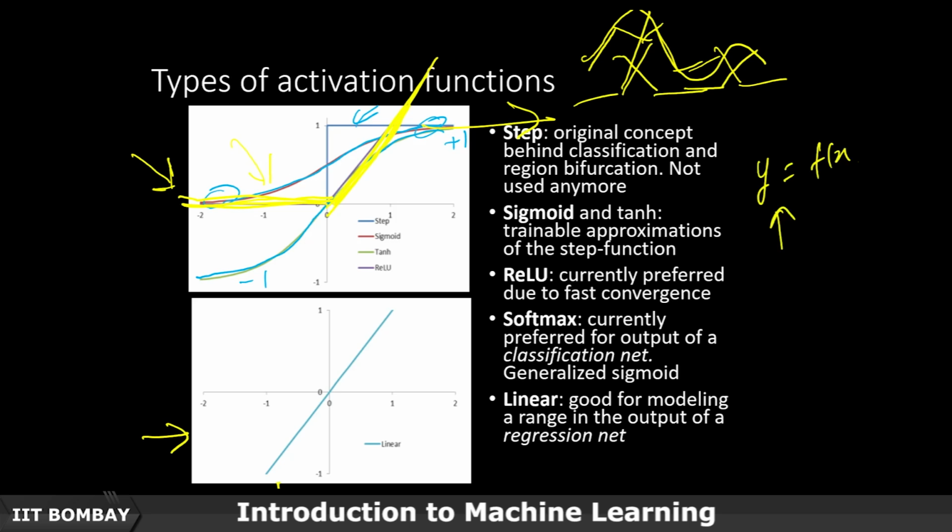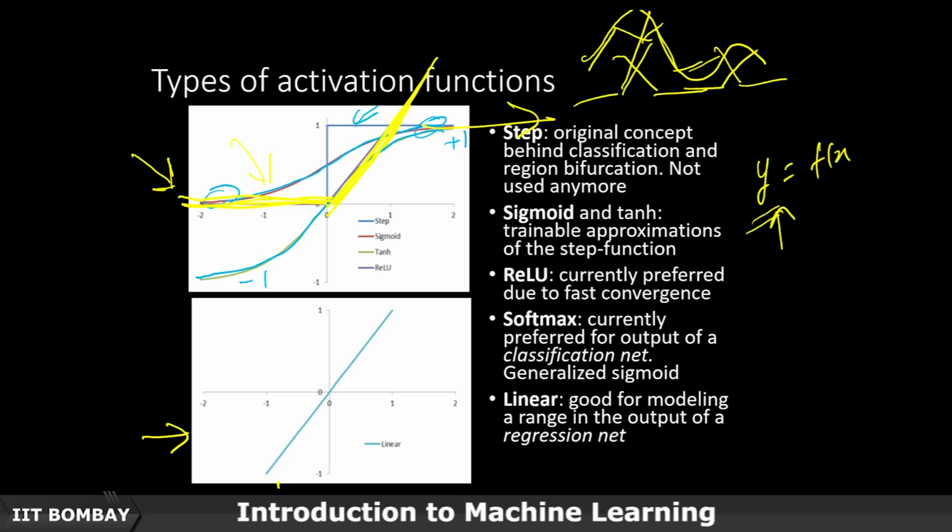If it was a probability, then it's going to be between 0 and 1, and for that the final layer activation is usually sigmoid or a generalization of that, which is softmax. But for regression tasks, sometimes we want y to have a large range from negative infinity to plus infinity. So in that case the last layer will have no activation, or what is called linear activation. So for a regression net we will have linear activation.